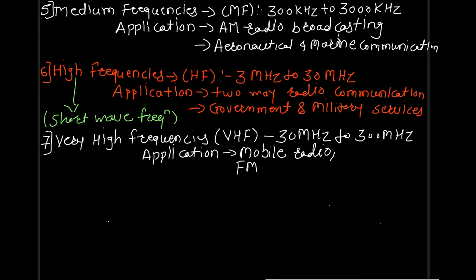FM radio channels start from 88 to 108 megahertz. You can see in your mobile radio that the frequency range is shown. So it starts from 88 megahertz to 108 megahertz, and TV channels are also used.